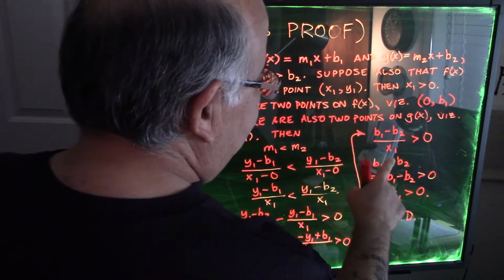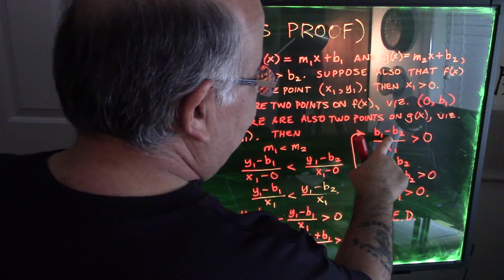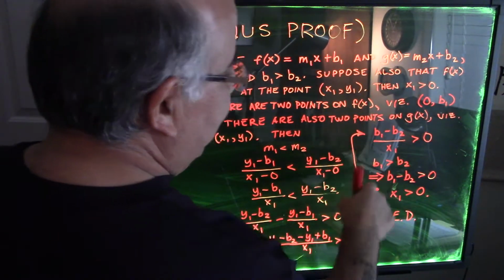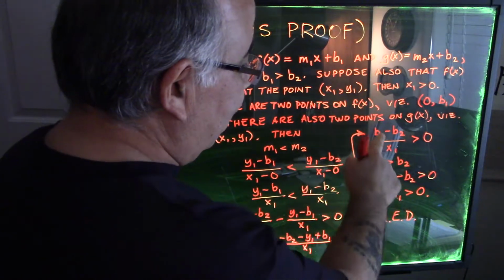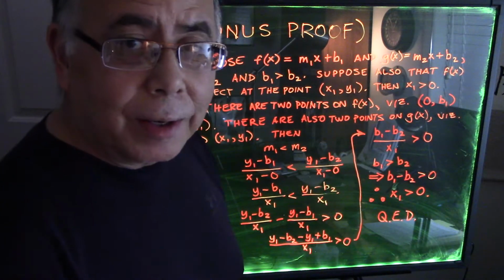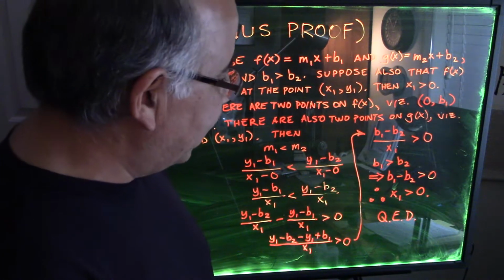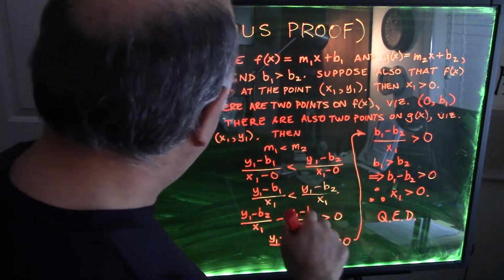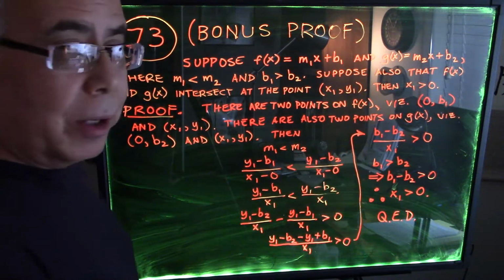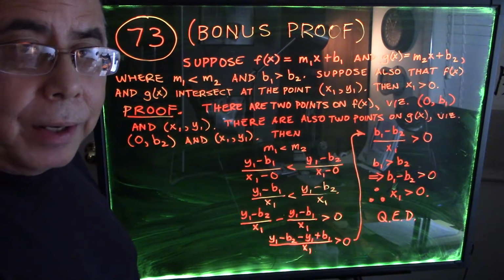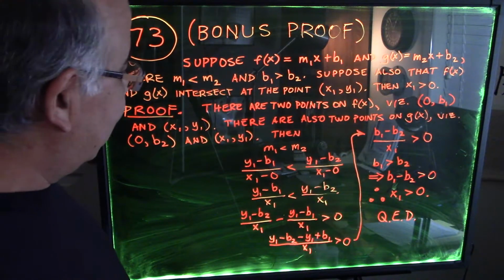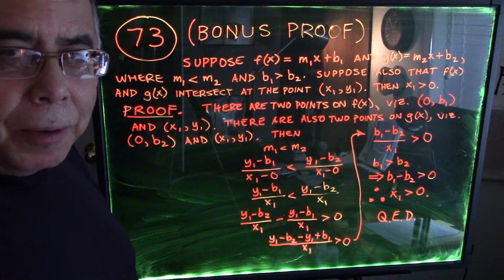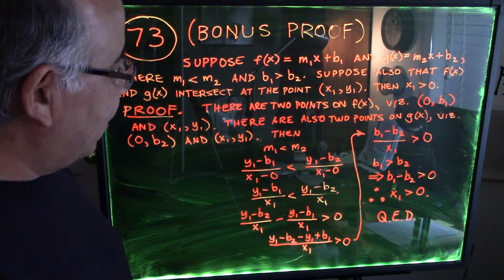Since the numerator is positive, definitely, the denominator must also be positive in order for this whole fraction to be positive. That's exactly what we wanted to show. We wanted to show that the first coordinate of the point of intersection is to the right of the y-axis. In other words, x1 has to be a positive number, greater than 0.